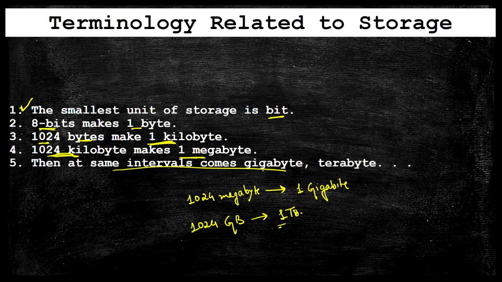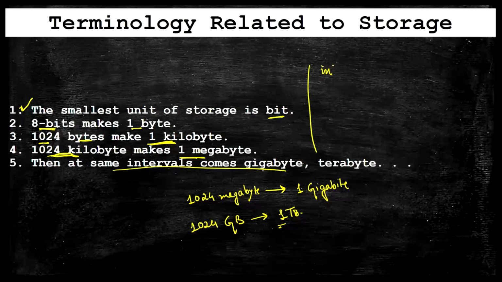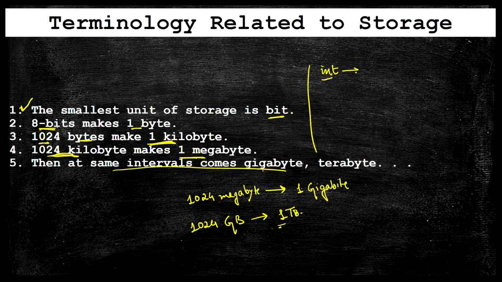Alright, so this was about a few terminologies, or you can say units of storage. We can interconvert storages, right? Suppose we know the storage limit of the int data type. It is 4 bytes for a 64-bit compiler, right? So we know 8 bits make 1 byte.